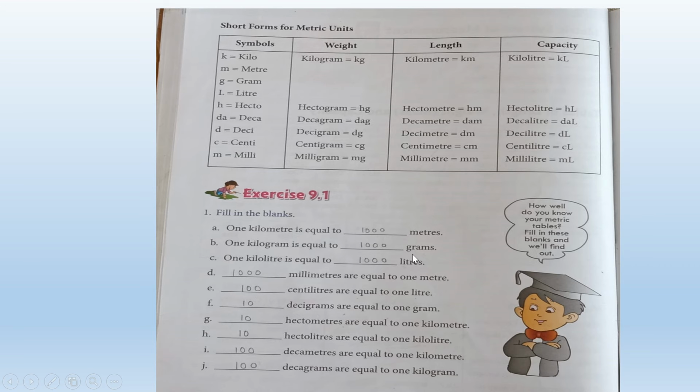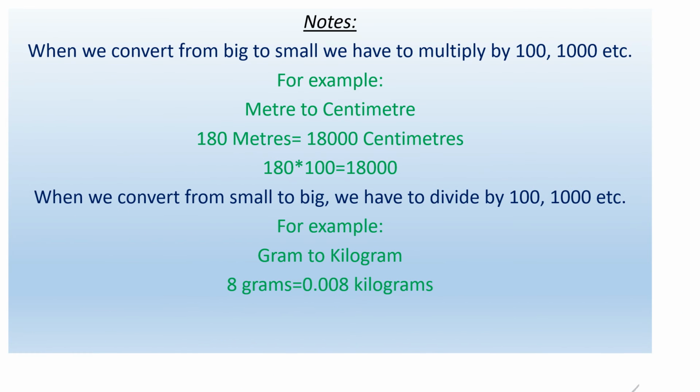All right, so let's see some notes for you to remember. When we convert from big to small, we have to multiply by 10, 100, 1000, etc. For example, as given in the previous slide, meter to centimeter. As given in your book also, 180 meters is equal to 18,000 centimeters.